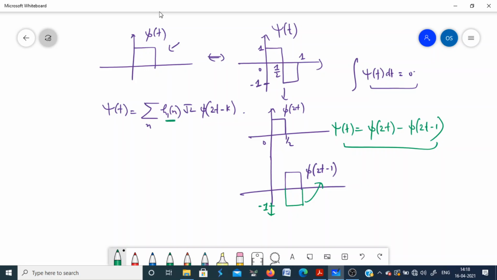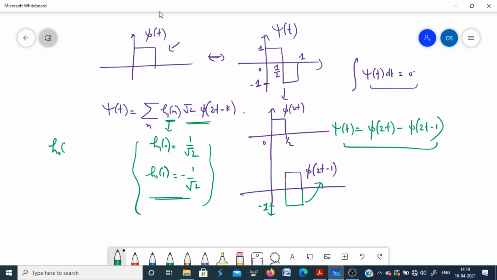It means what should be these coefficients? Your h1[0] should be equal to 1 by root 2, and h1[1] should be equal to minus 1 by root 2. This is the solution of this equation for a Haar wavelet. These are called wavelet filter coefficients. Initially we saw the scaling filter coefficients, h0[0] equal to 1 by root 2 and h0[1] also 1 by root 2.